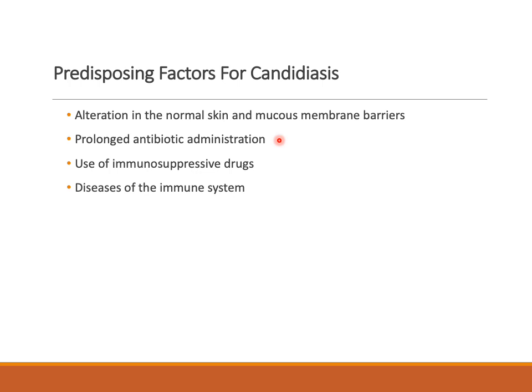So what happens, there's a relative increase in the number of fungi, Candida, that are normally present in the area, and therefore this is the one that will increase the risk of infection.